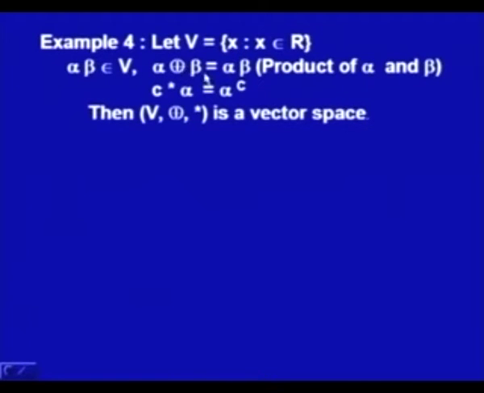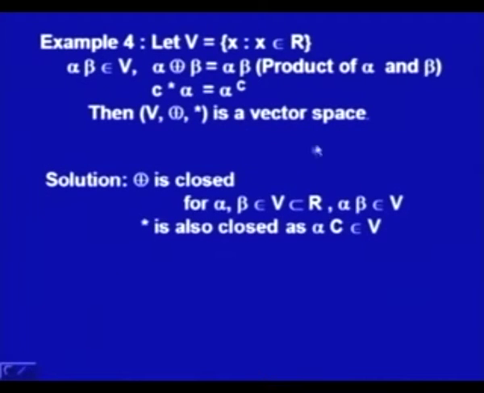So, alpha plus beta is equal to alpha beta, the product of alpha and beta, and C star alpha means alpha raised to the power of the scalar C. Alpha is a real number and C star alpha means alpha raised to power C. Now, my claim is that V with the operation of addition and scalar multiplication defined in this manner is also a vector space.